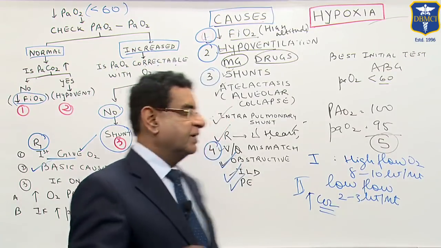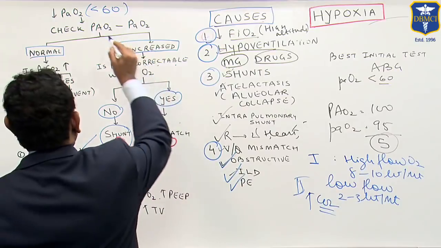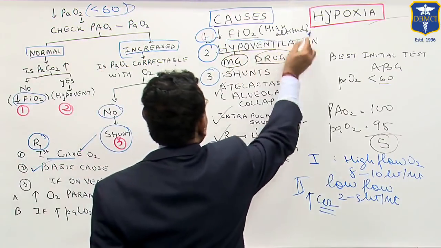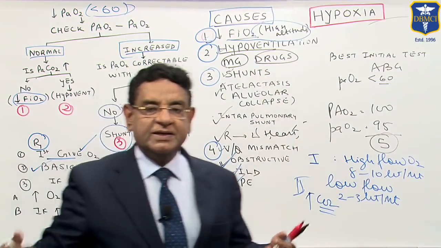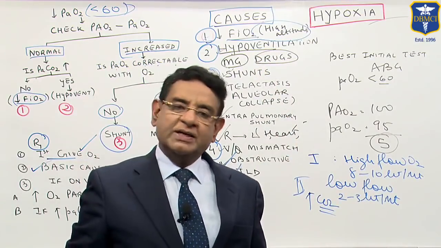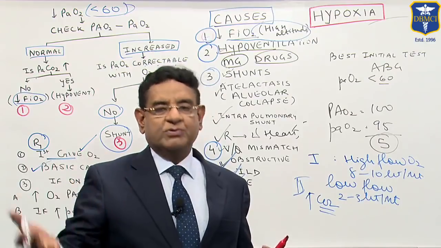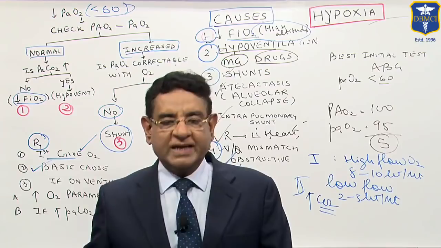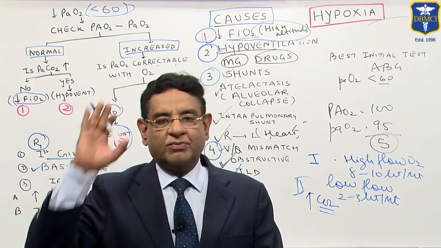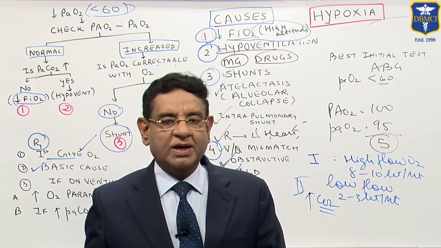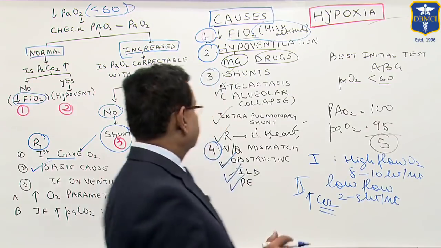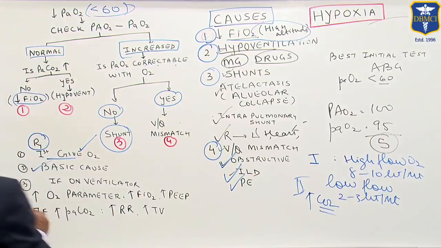If the patient is at very high altitude, where his FiO2 is less and he is severely hypoxic, of course you have to shift the patient to sea level. You have to bring him down from very high altitude to normal ground level. So treat the basic cause.